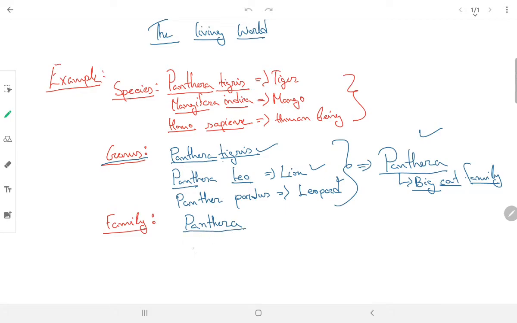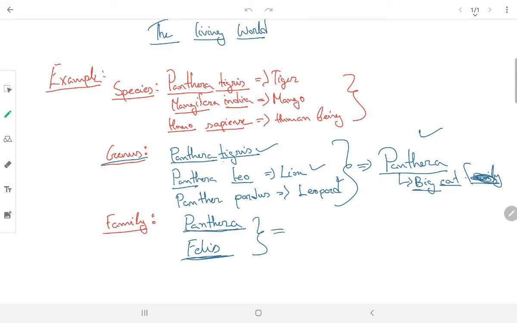There is another one that is called Felis. This is the small cat, your domesticated cat that you see here and there. Sorry, this is not a family actually. Panthera and Felis, both of them are genera. This is Felis genus, this is Panthera genus.